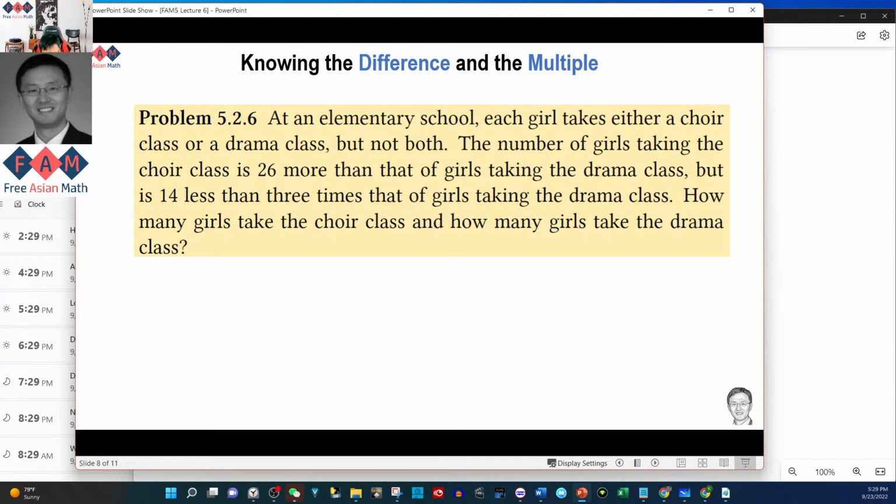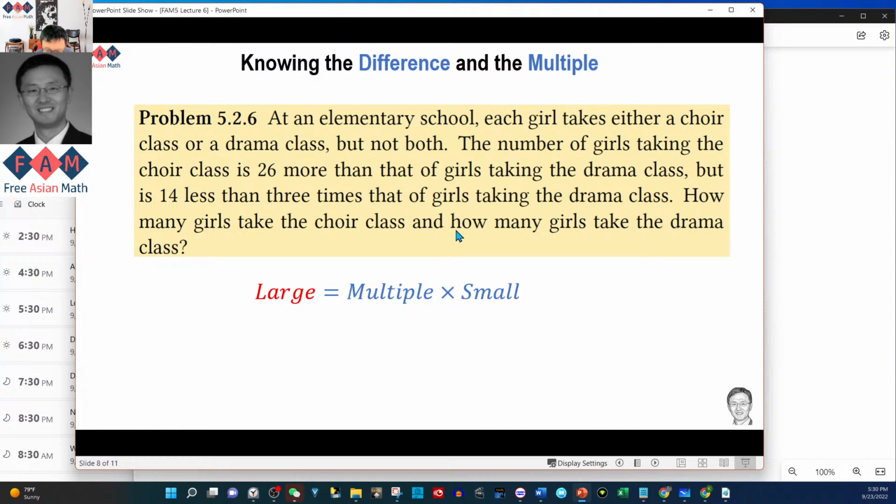This is considerably more difficult than the previous one, but we will get a similar relationship, and that is the larger number is the multiple, in this case 3 times, right? What is the larger number? It's the new hypothetical number of the choir class, which is 3 times that of the drama class size.